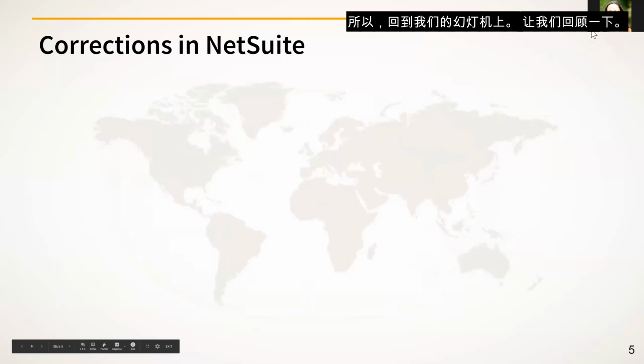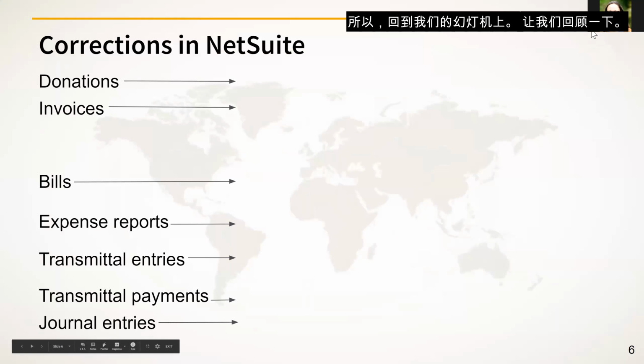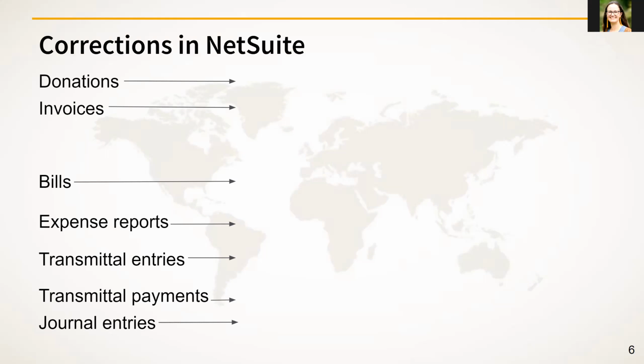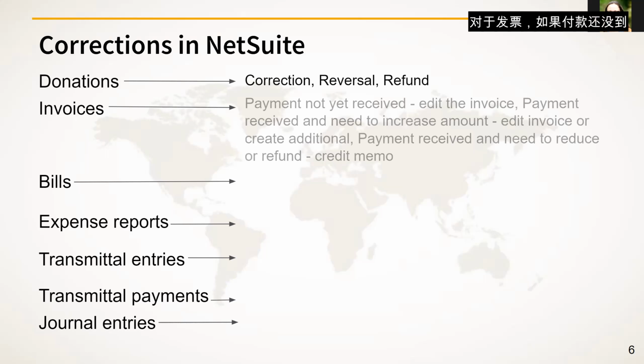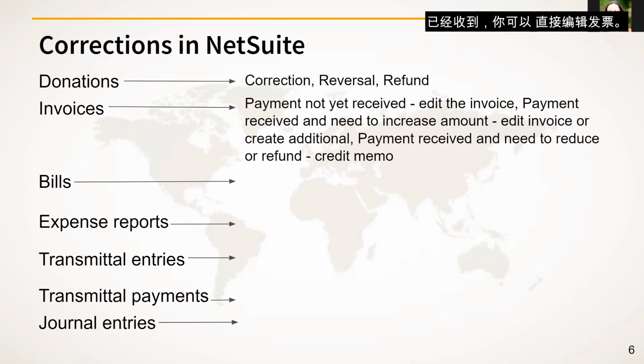So going back to our slide deck, let's recap. In NetSuite, donations can be corrected, reversed, and refunded. For invoices, if the payment has not yet been received, you can edit the invoice directly. If the payment has been received and you need to increase the amount, you can edit the invoice or create an additional invoice.